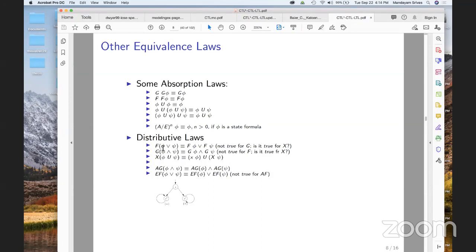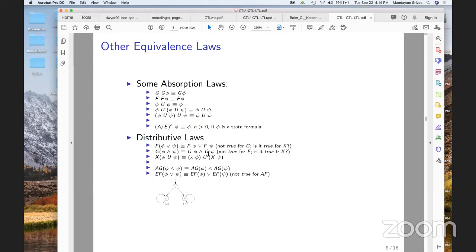Even if phi or psi is true, one of them certainly eventually becomes true, and therefore F of phi or psi is true. Whereas that is not true for G, because G of phi and psi requires that phi and psi be true simultaneously at the same point.